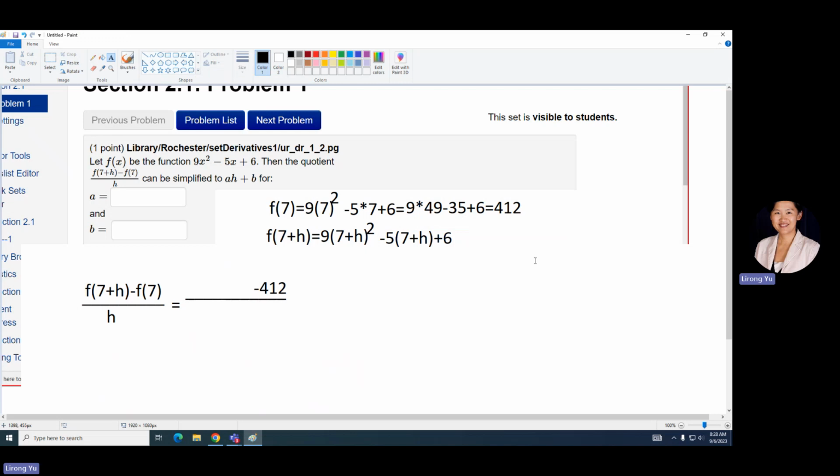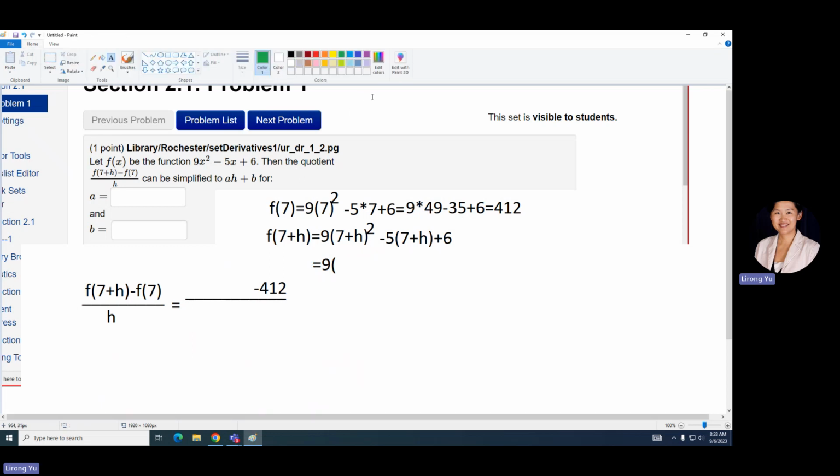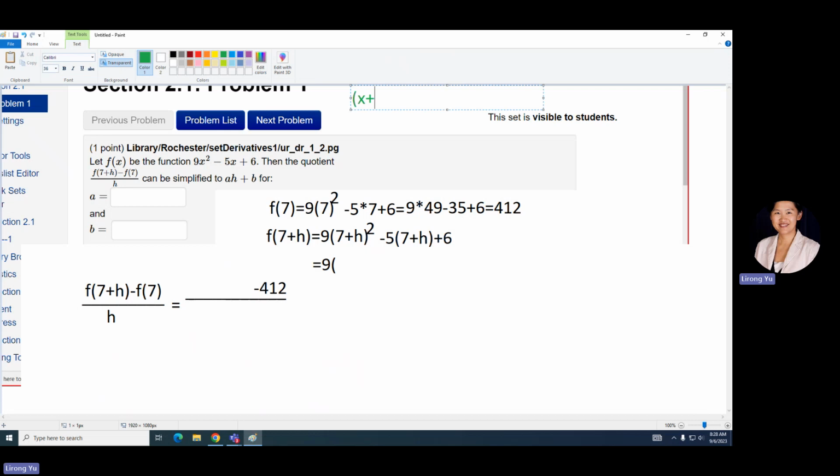So that's f of 7 plus h, with 7 plus h replacing x in the original calculation. You got this, and then start calculating exactly 9 times this. This is a perfect square. If you remember, when you square a binomial, you follow a formula, or you can just derive it yourself. That is x plus h squared.